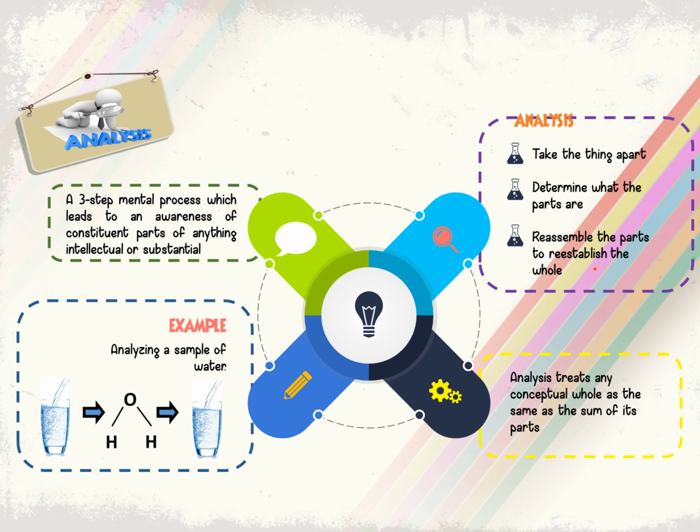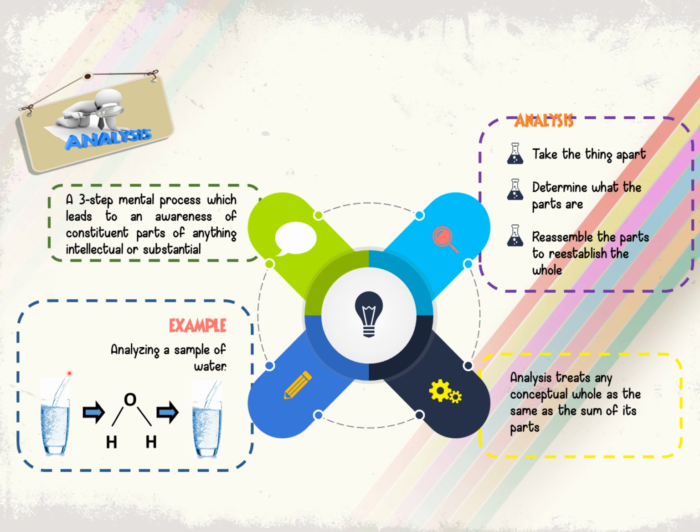For example, like analyzing a sample of water. You have the sample of water, and this is what we call the electrolysis process. In electrolysis, you have this sample of water, and then you have an electrical current. This electrical current is passed through the water between 2 electrodes.